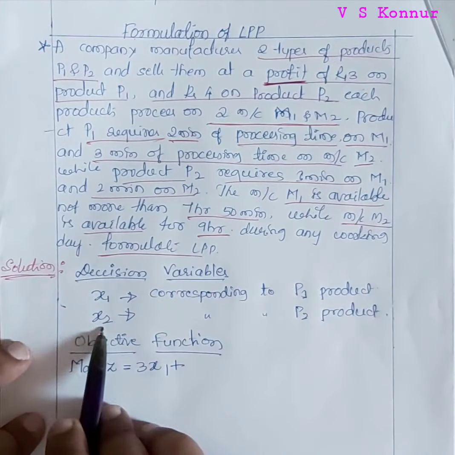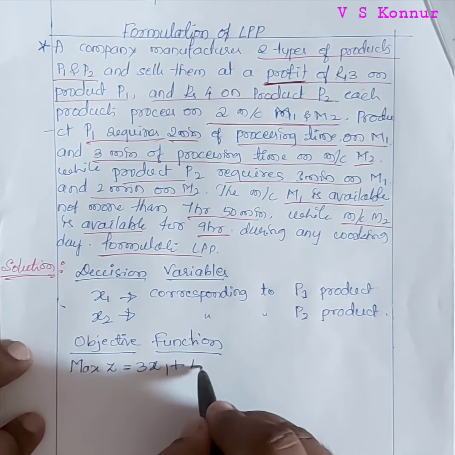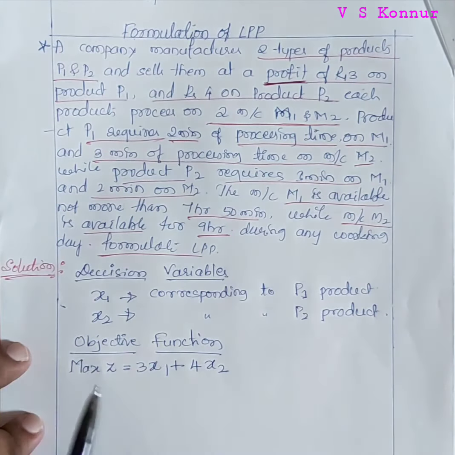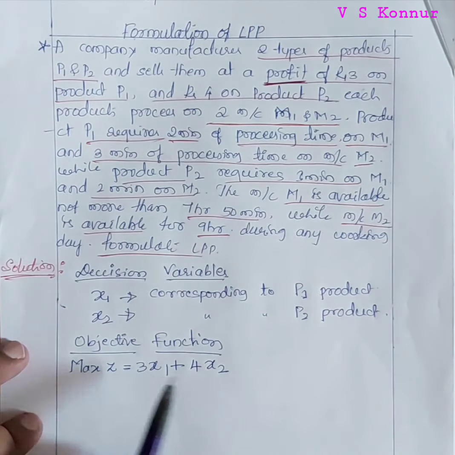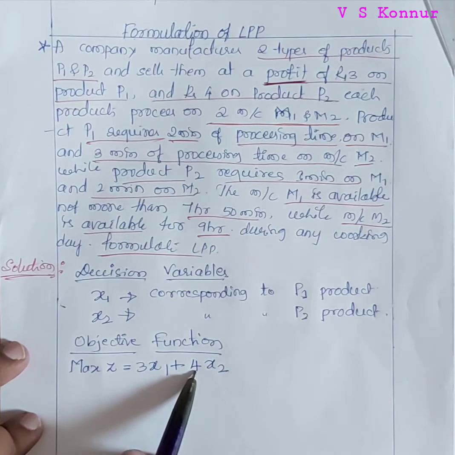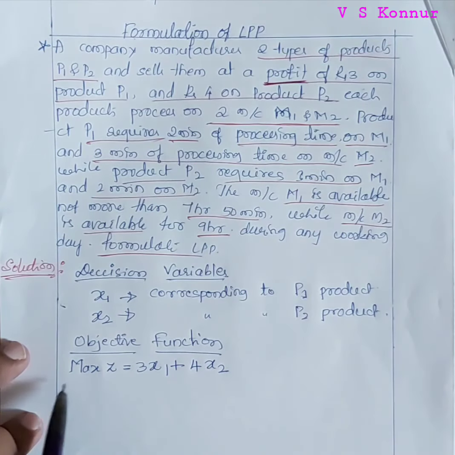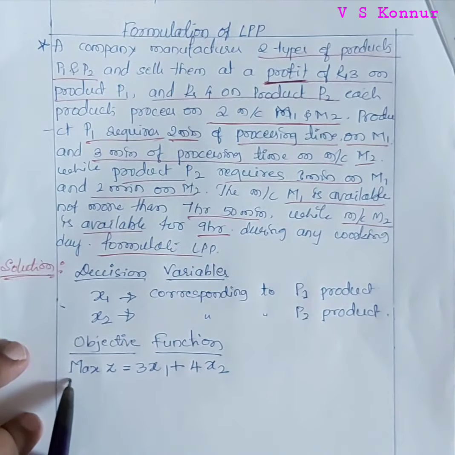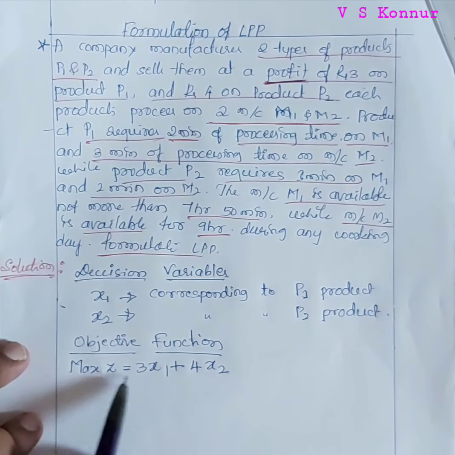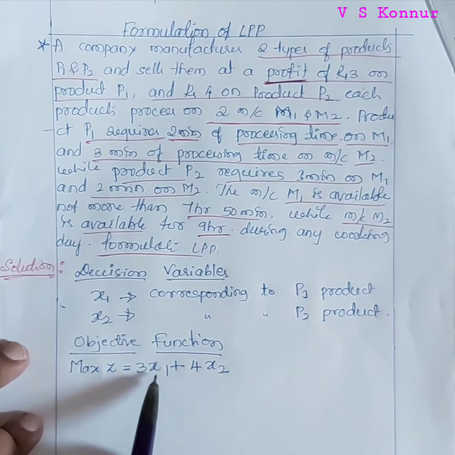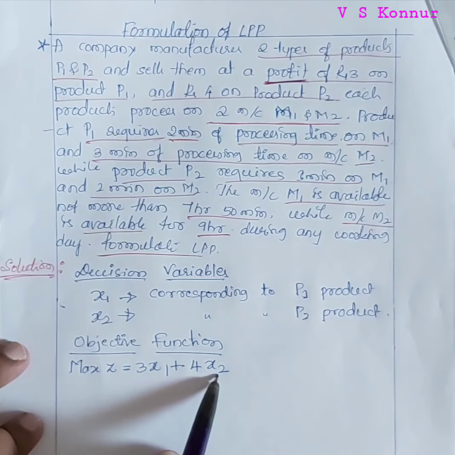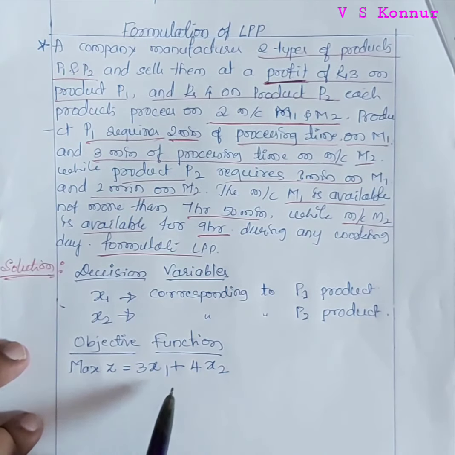P2 we have defined as X2, plus 4X2. Because of profit, this is called max of Z. Maximization of Z is equal to 3X1 plus 4X2, profit 3 on product P1 plus 4 on product P2. This is called the objective function.